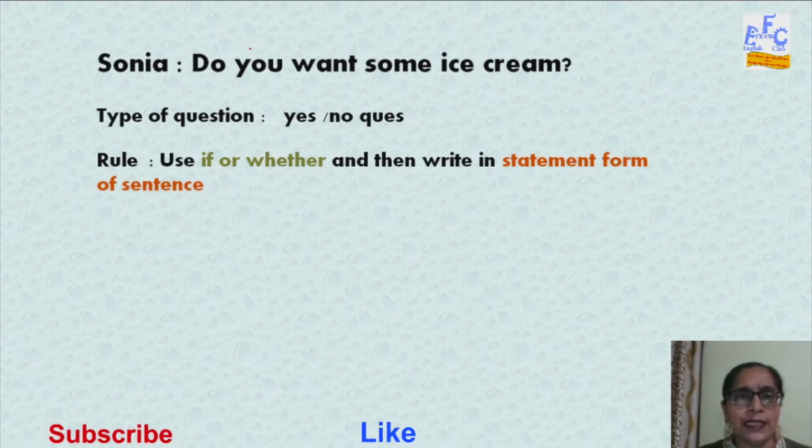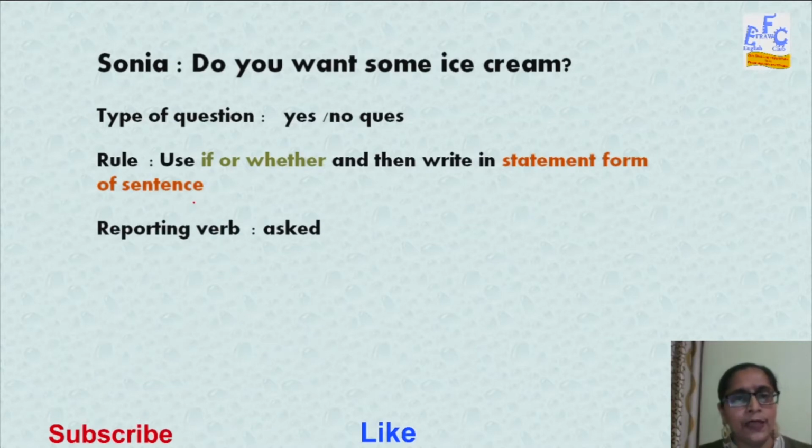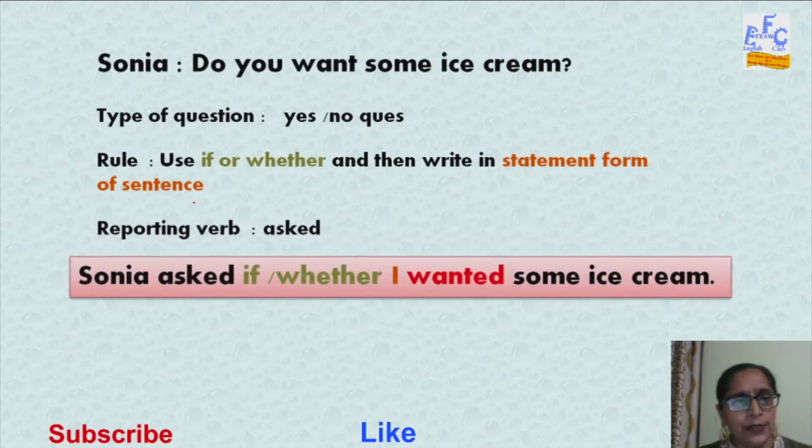The reporting verb we will use is asked. So, Sonia asked; the conjunction if or whether will join the reporting clause with the reported speech.